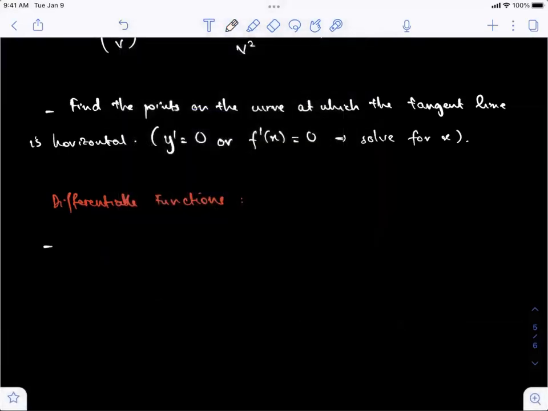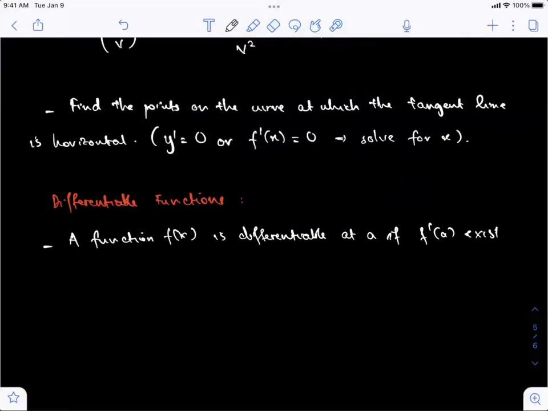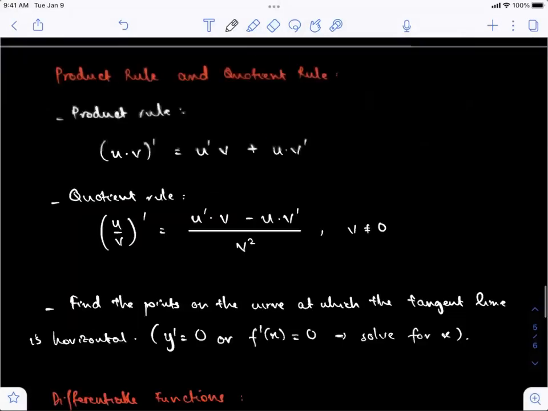The definition of a differentiable function is that a function f of x is differentiable at a if f prime of a exists. Now we go back to the limit definition of the derivative. So f prime of a exists, meaning that the limit of, so let me go back up here.